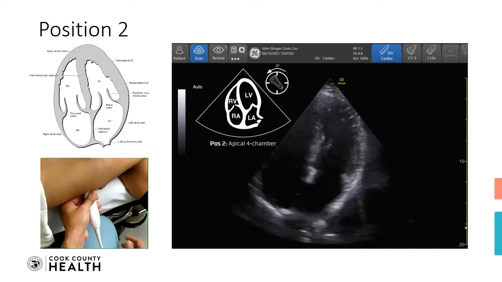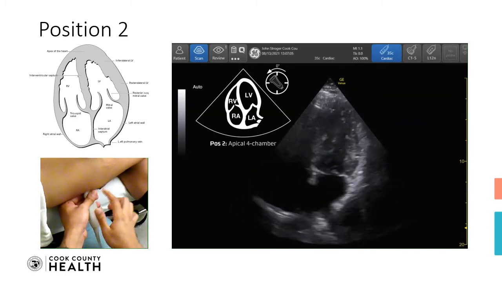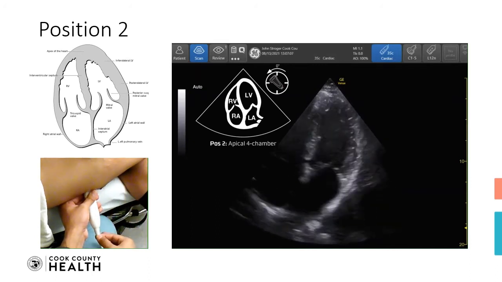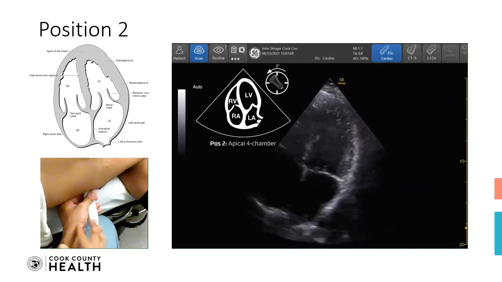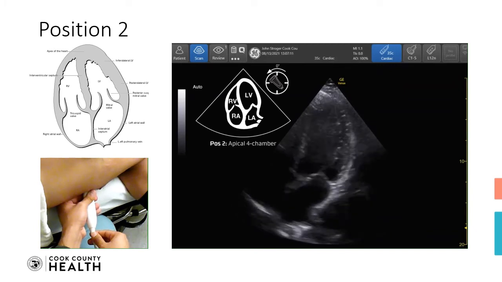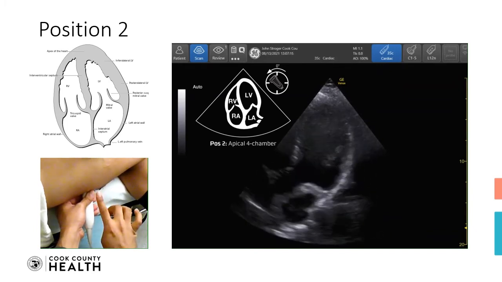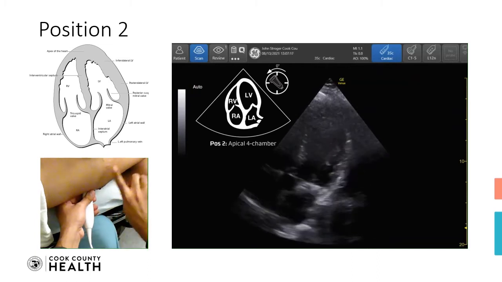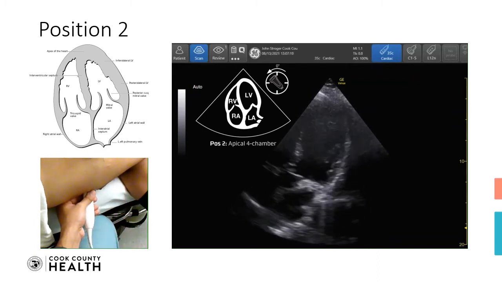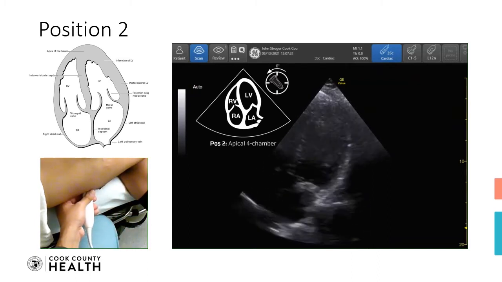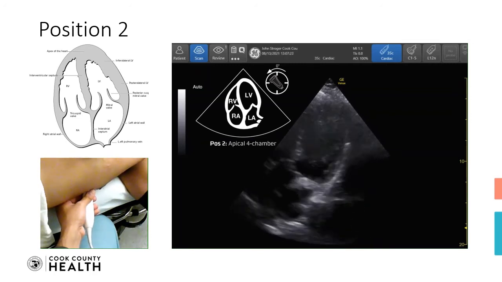And now tilting the probe to point more anteriorly by pushing the tail of the probe towards the patient's abdomen is going to cause a change of the cross section through the anterior part of the heart, and that brings the aortic valve into view right there.